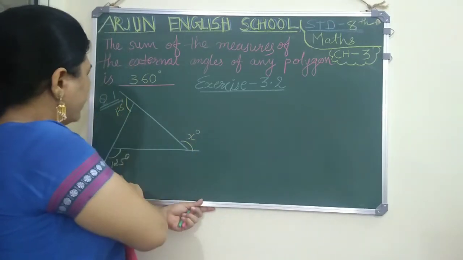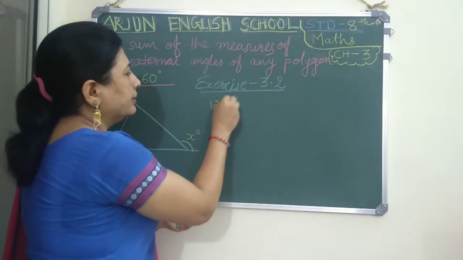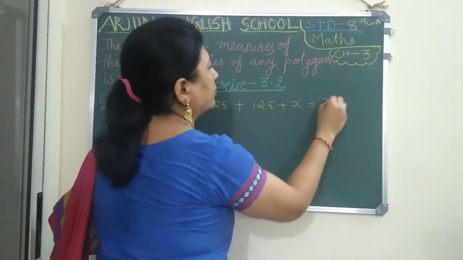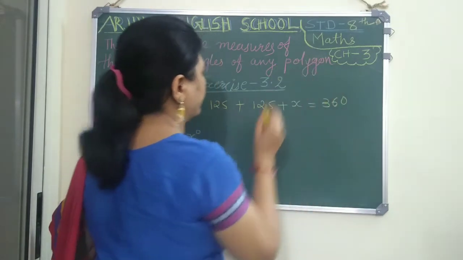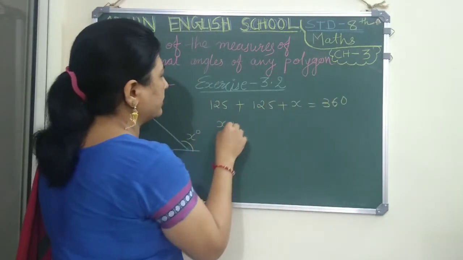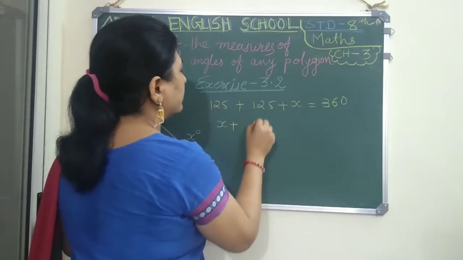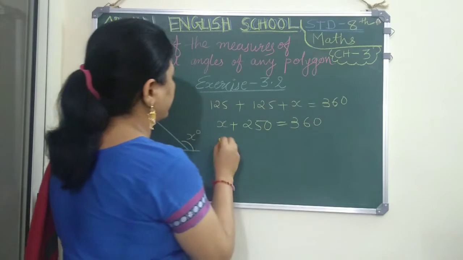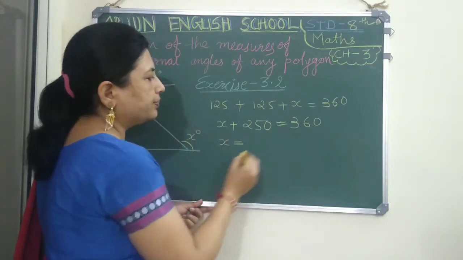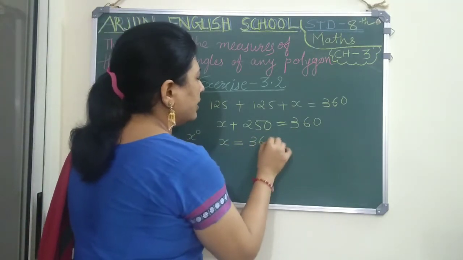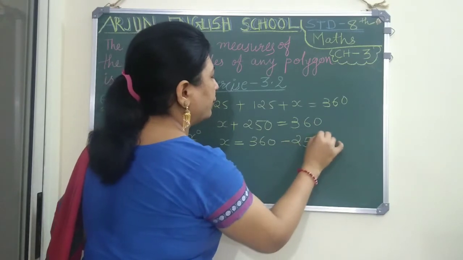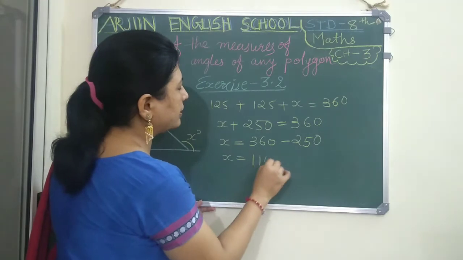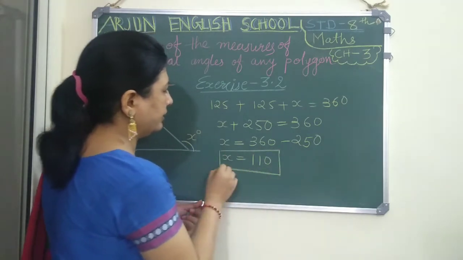Here 125 plus 125 plus x is equal to 360 degrees. So add them, 250 plus x is equal to 360. x is equal to 360 minus 250. So x is equal to 110.